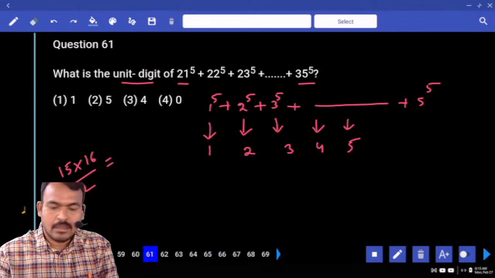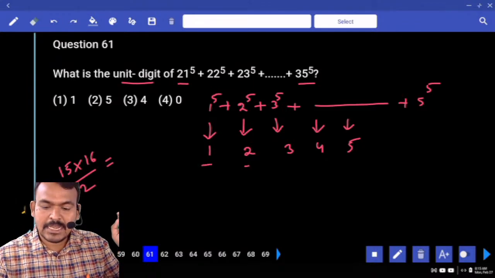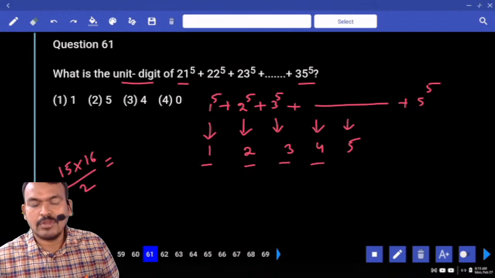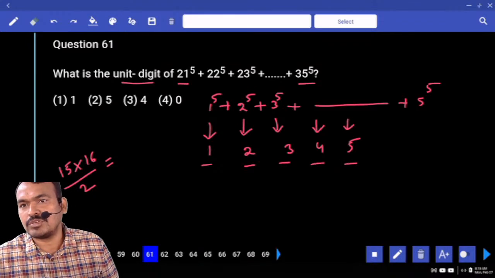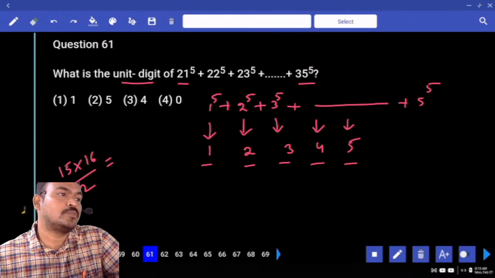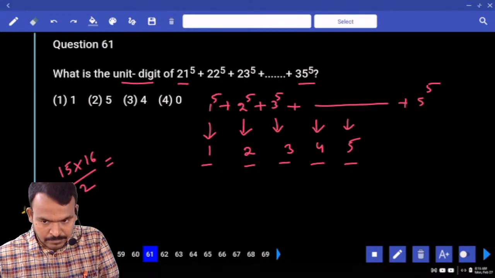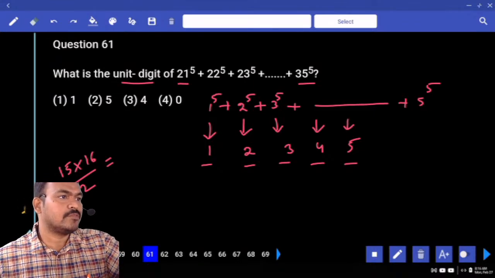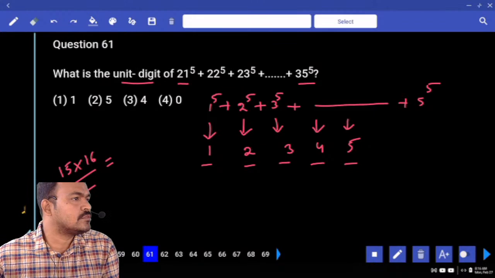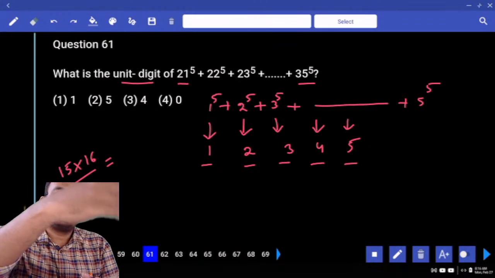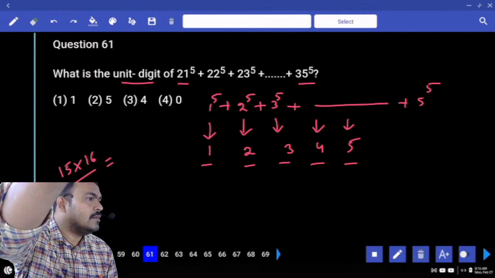First term 1, second term units position 2, third term units position 3, fourth term units position 4, fifth term units position 5, sixth term units position 6, seventh term units position 7, because 27 power 5 gives 7 power 5, and 7 power 5 has units position 7. 1, 2, 3, 4, 5, 7, 8, 9, 10.